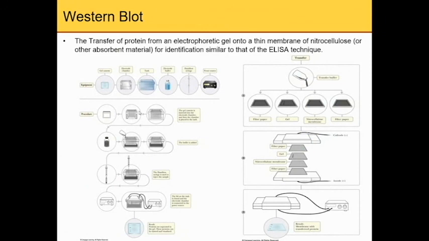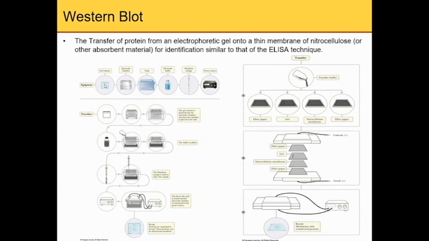And also the Western blot is a very powerful and commonly used technique to identify the presence of a specific protein. For the Western blot, the first step is to run the protein on an SDS-PAGE gel like a regular protein gel, and then after the electrophoresis, you transfer the protein from the polyacrylamide gel to a membrane, like a nitrocellulose membrane or nylon membrane.